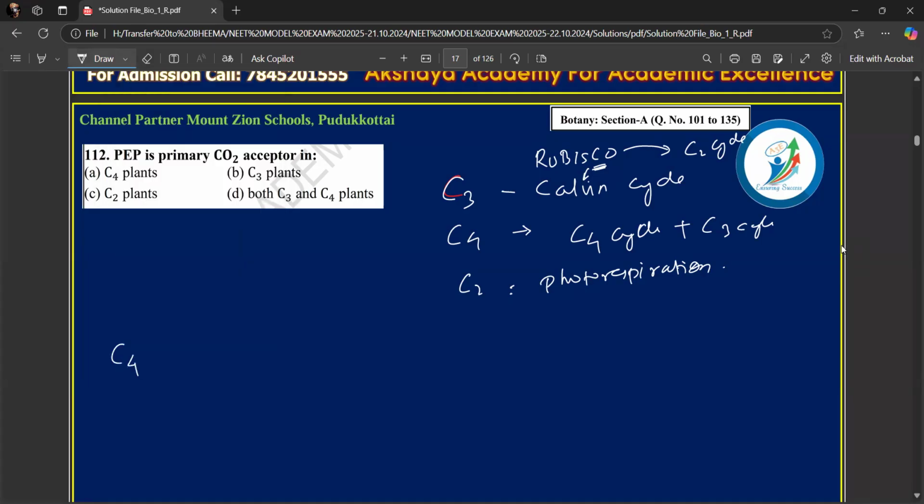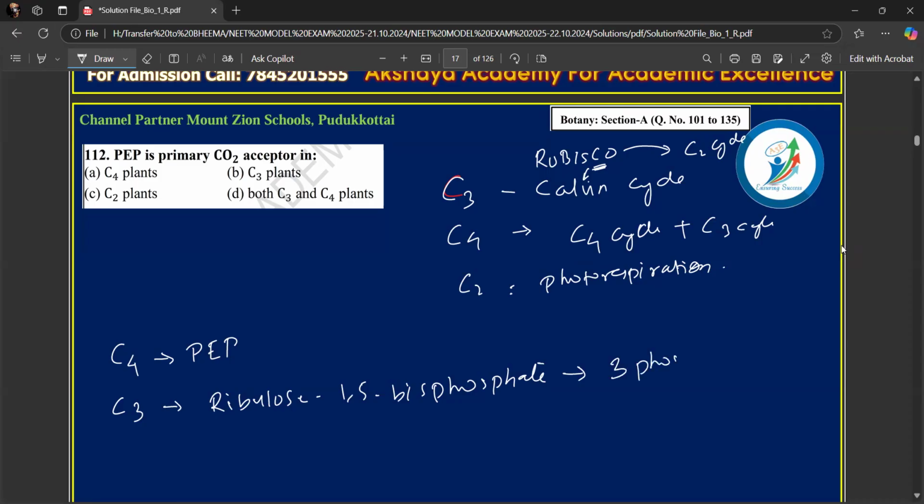For C4 plants, it is PEP. For C3 plants, it is ribulose 1,5 bisphosphate, and it generates 3-phosphoglycerate.